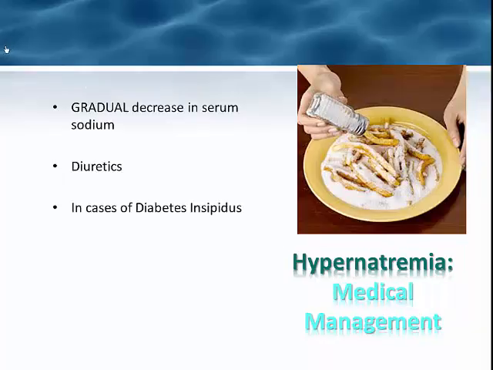The medical management of hypernatremia is to gradually, as I say, gradually decrease the sodium concentration, and that is done through the infusion of hypotonic electrolyte solutions or isotonic non-saline solutions like D5W.